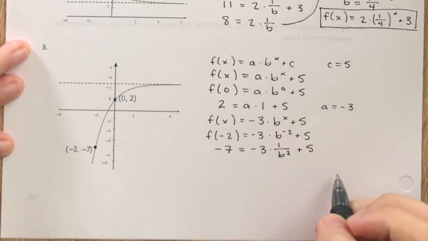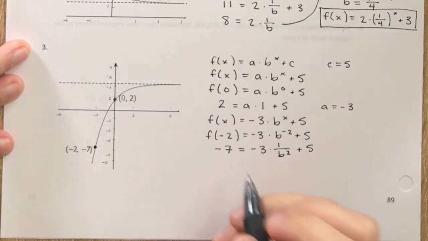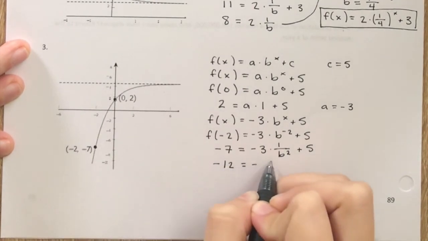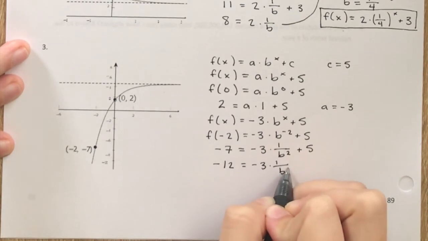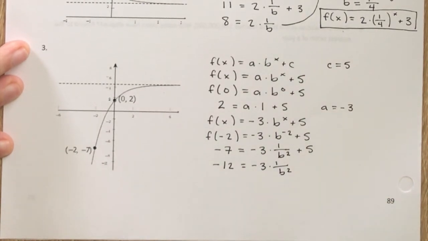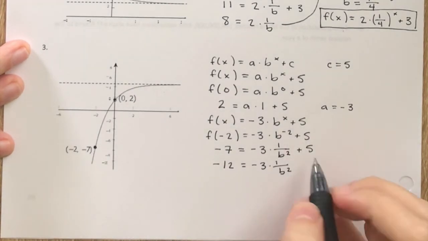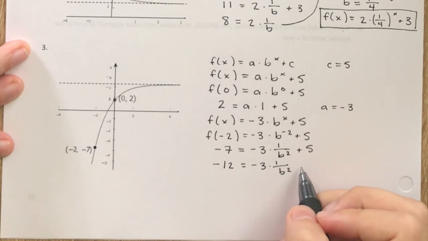Okay, now we need to solve for b. Let's subtract 5 from both sides. So we have negative 12 equals negative 3 times 1 over b squared. In order to get b out of the denominator, we can multiply both sides by b squared.